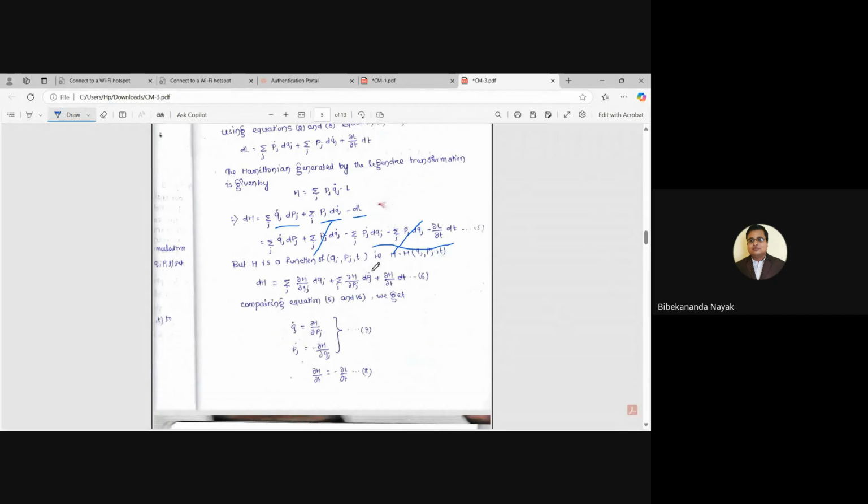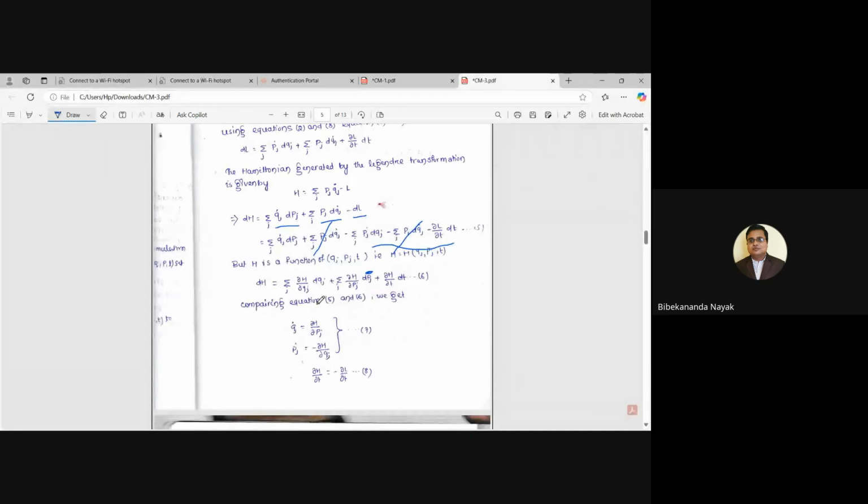H is a function of qj, pj, t, so dH is equal to del H by del qj dqj plus del H by del pj dpj plus del H by del t dt. Now compare with this. The left hand side is also the same dH, so the right hand side must be the same.